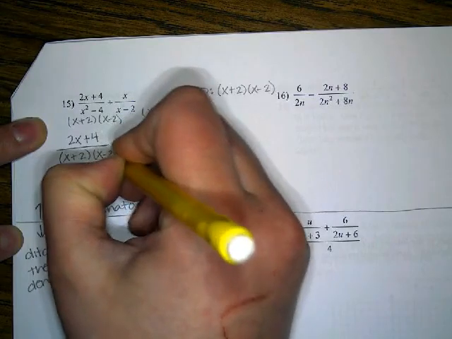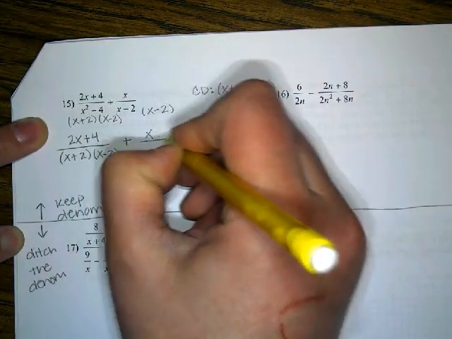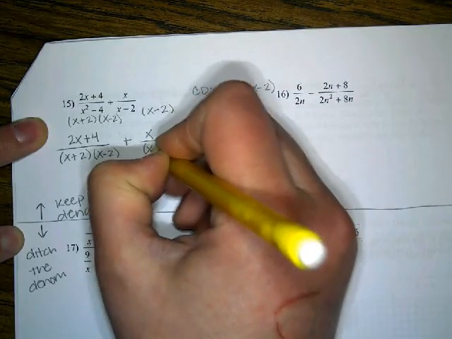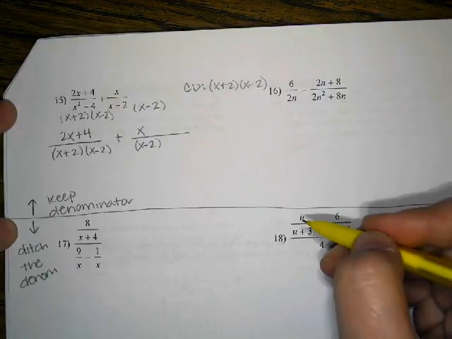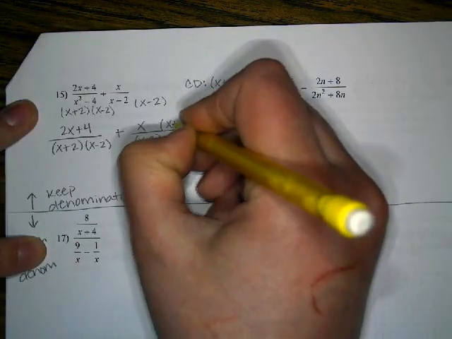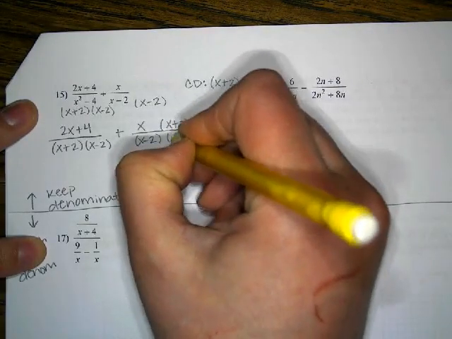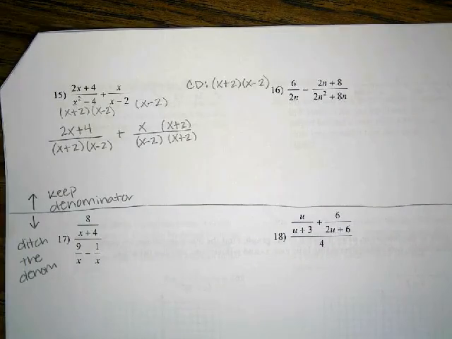That second fraction, however, does not have the common denominator, it only has x minus 2. So we're going to have to multiply the top and the bottom by x plus 2 to get the second fraction to have the common denominator.